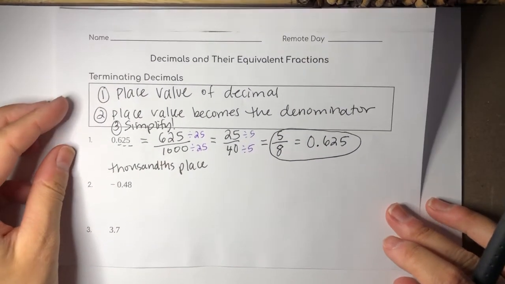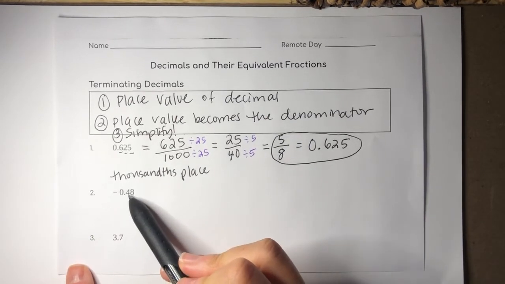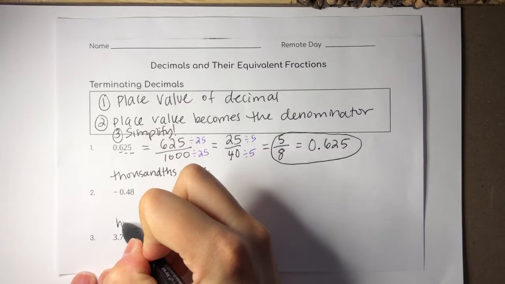So negative 0.48. My first job is to think, okay, what is the place value of this decimal? We go up to the tenths, hundredths place.